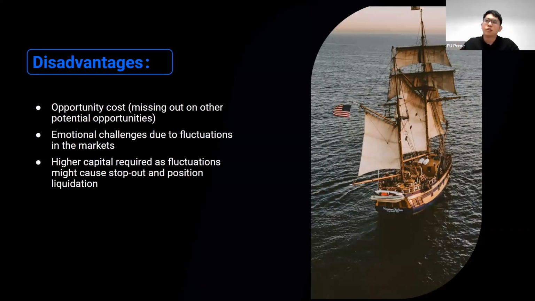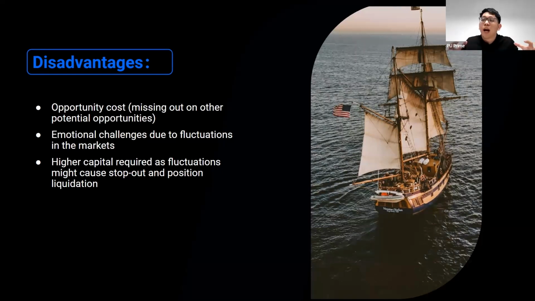Also, when it takes a very long time, it can be emotional for you. Sometimes your mood changes, your emotions change, and the way you see things changes, so whether to keep or close the position requires you to be very rational. It also requires higher capital, because your capital will be tied up for a longer period.